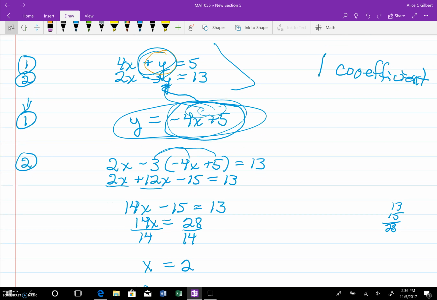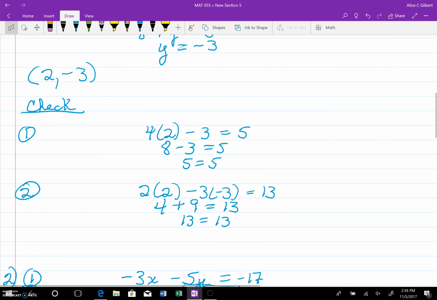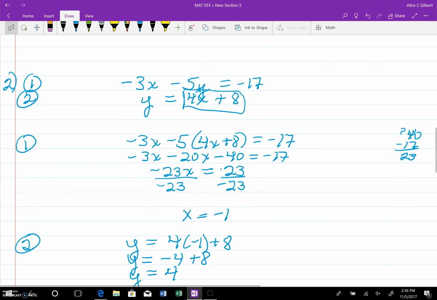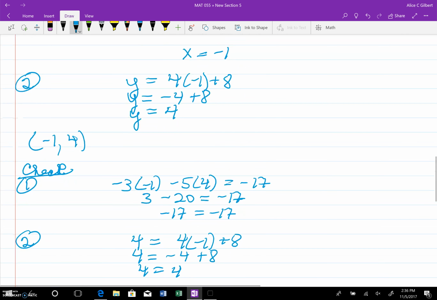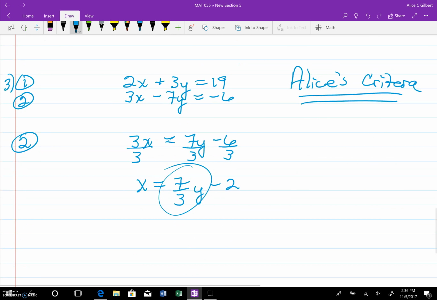So like this one had a variable with a 1 coefficient. This one, when we did it, it already was solved for the variable that had a 1 coefficient. But if none of the variables have a 1 coefficient, then we would use elimination.